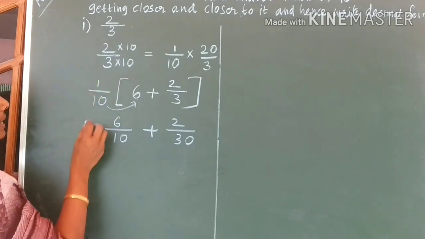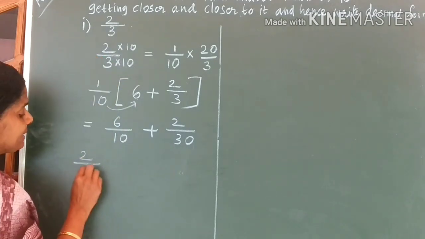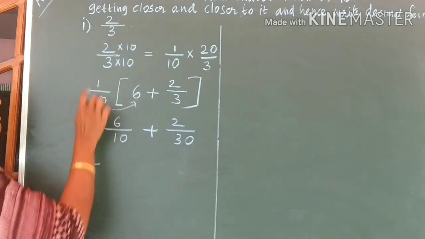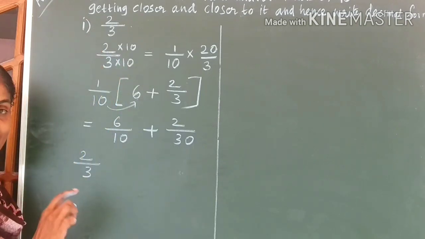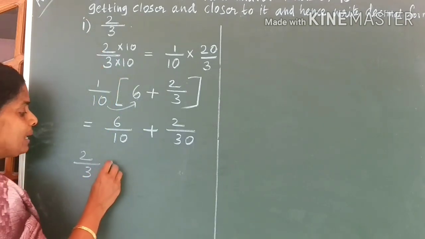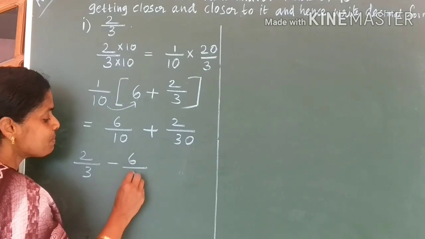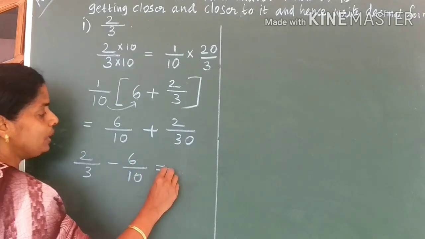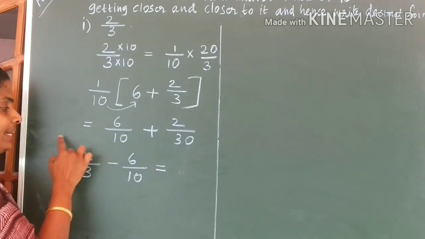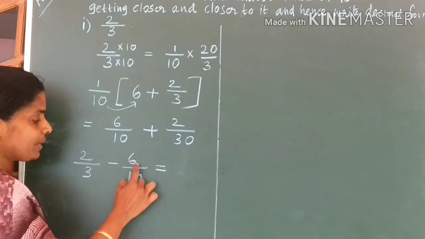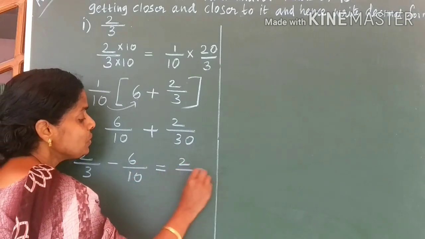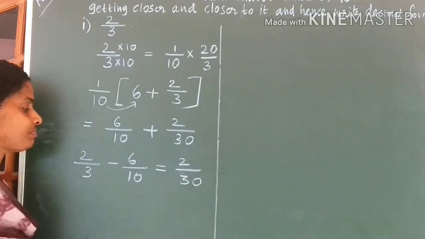Otherwise, you can write this, because we started with 2 by 3, isn't it? 2 by 3 minus 6 by 10 is equal to, I took this 6 by 10 to this side, you get this is equal to 2 by 30.